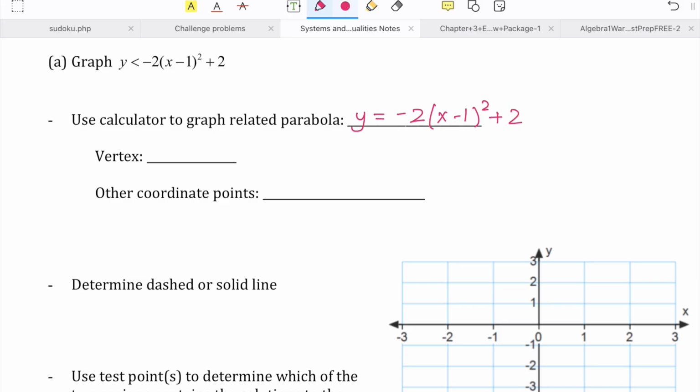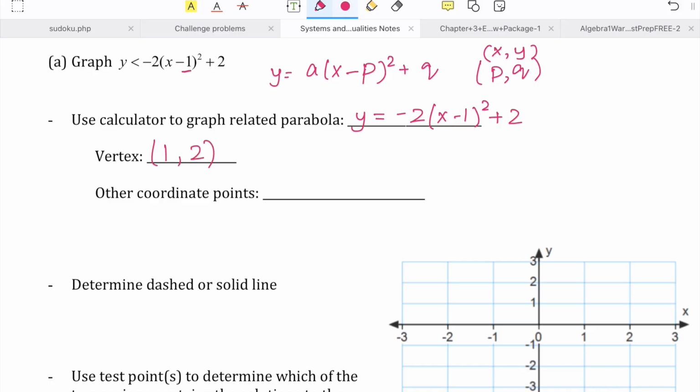Is this in vertex form or standard form? Vertex. So remember, it was a(x minus p) squared plus q, right? So the vertex is (p, q). Always remember, p is your x value, not your y value. Don't mix that up. So p will be 1, and q is 2.